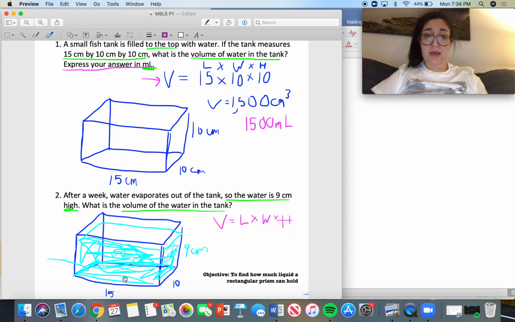So if the length is still 15 and the width is still 10, that won't change. But now the height is no longer 10 centimeters. Now the height is 9 centimeters. So I am going to have to multiply 15 times 10 times 9. And when I do that, I will then get my new volume.